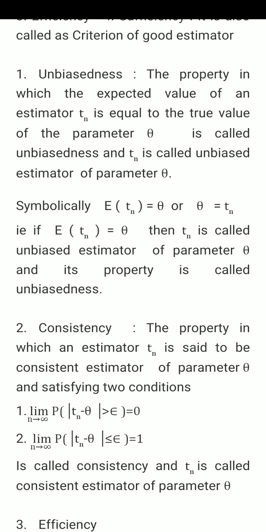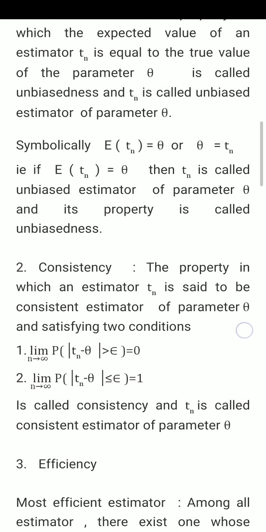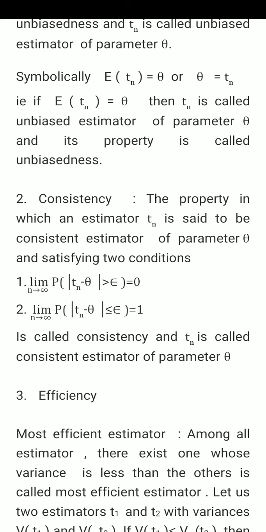It is called unbiasedness. If expectation of Tn is equal to theta, then Tn is called an unbiased estimator of parameter theta, and its property is called unbiasedness. We have so many examples and proofs already, and theorems are there.